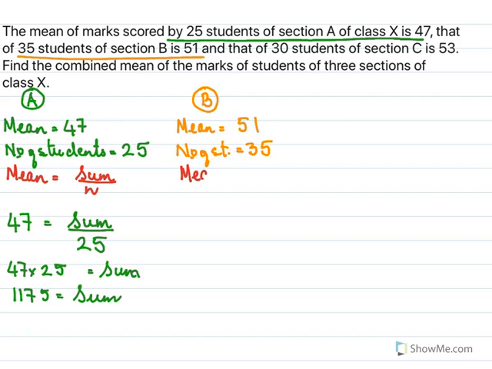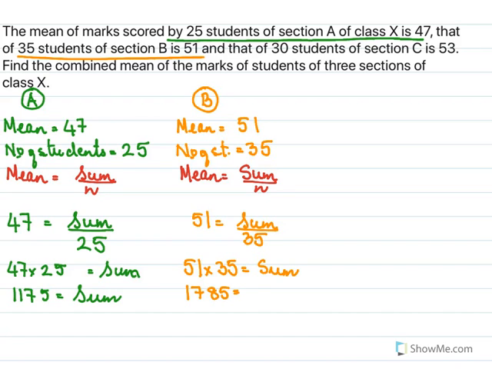So we need to find the sum: mean is sum over number of observations, and the mean here is 51. Sum we need to find, number of observations 35. So 51 into 35 is the sum of section B, and this is 1785, the sum of all the marks of students of section B.